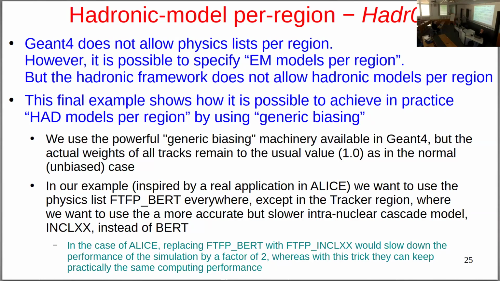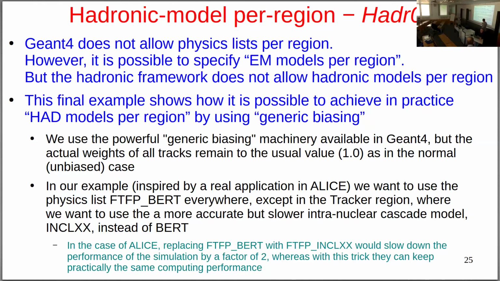However, if they use the FTF PINCL physics list instead of the FTF BERT everywhere, in particular in the calorimeter where there are plenty of interactions, plenty of particles, their simulation will slow down by a factor of 2.